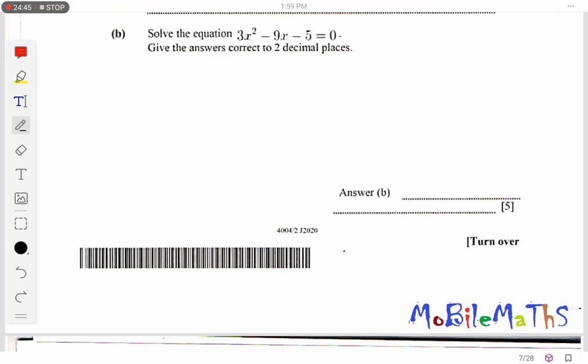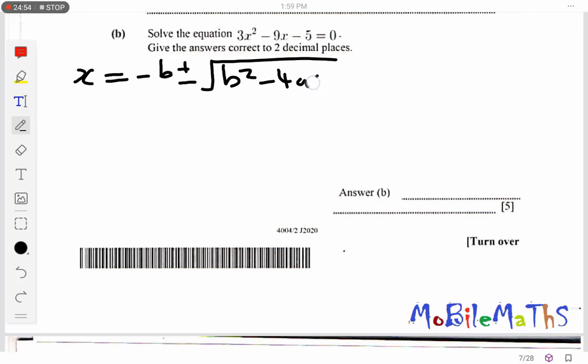Our formula says x is equal to minus b plus or minus square root of b squared minus 4ac, over 2a. Okay, so which one is our a? This is our a, this is our b, this is our c. Our b is negative here, and here we also have a negative, so it's going to be a plus.